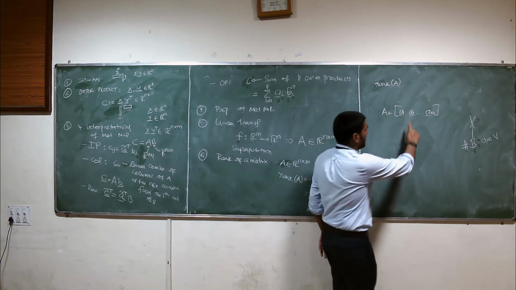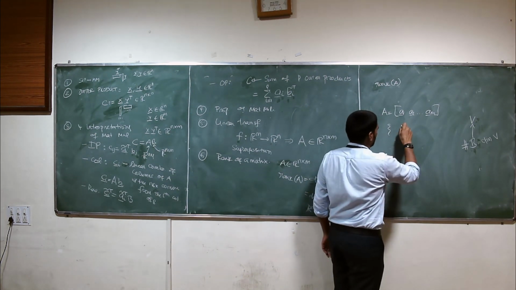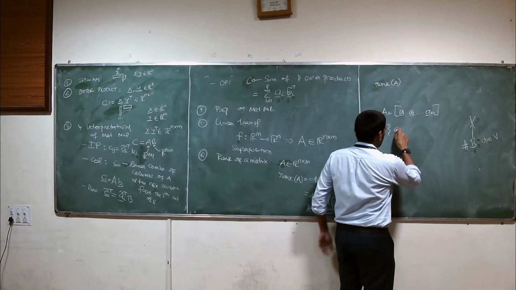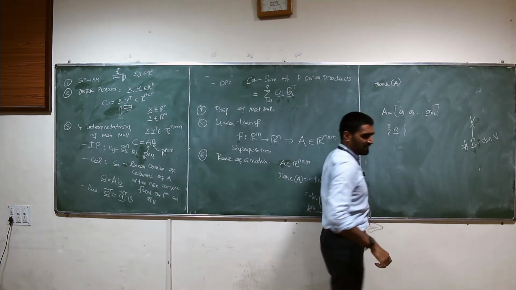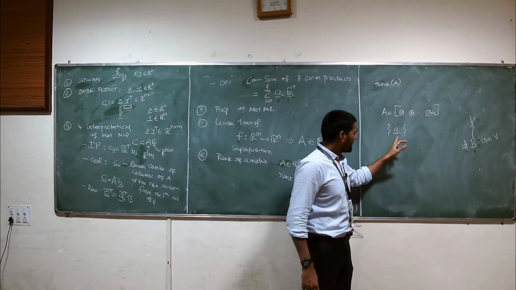If I randomly select one column and put it in a set, is this set linearly independent?